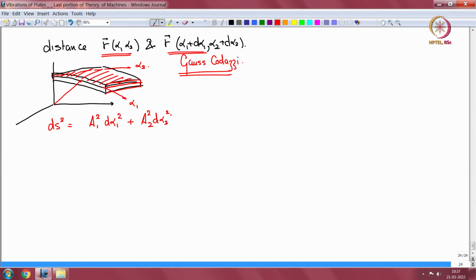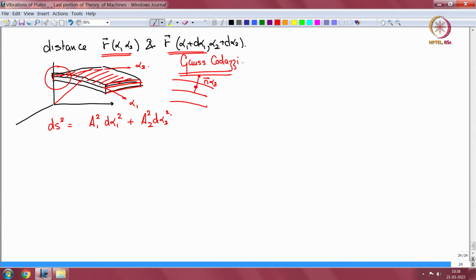Now, it is not sufficient to have this only on the middle surface. So, now let us say I expand around this. This is the middle surface and this is the thickness. So, there could be a point in the material thickness, along the normal alpha 3 distance away. So, now we have to account for that point from the origin.